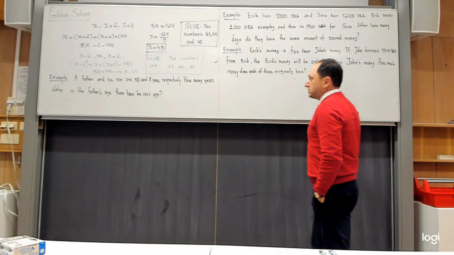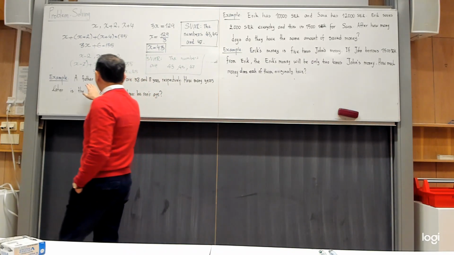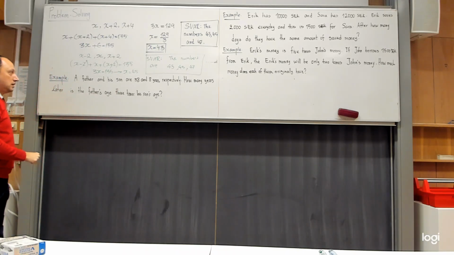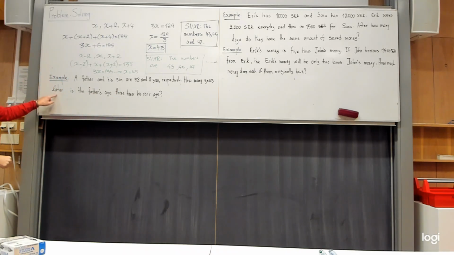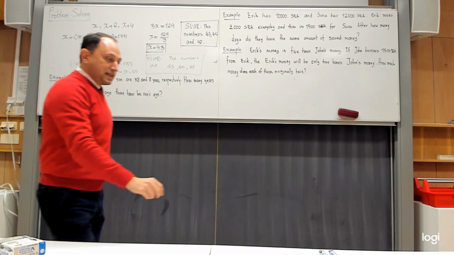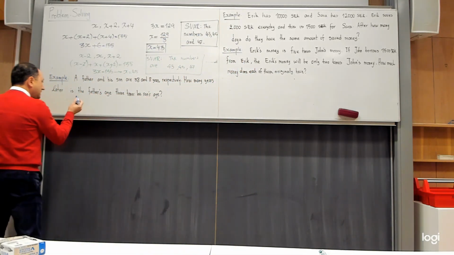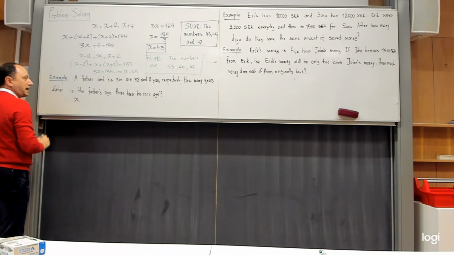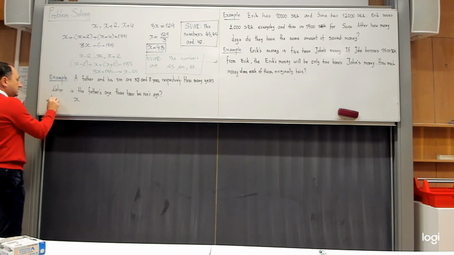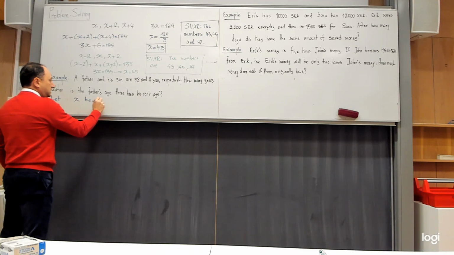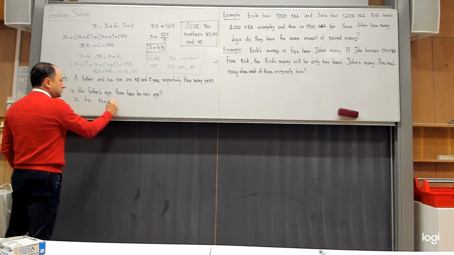Okay, so how do we solve this problem? Here I have a father and a son, 38 and 8 years right now. How many years later? You see, the question is asking you about how many years later. So this means take x to be that. So let x be the missing years that we are looking for.